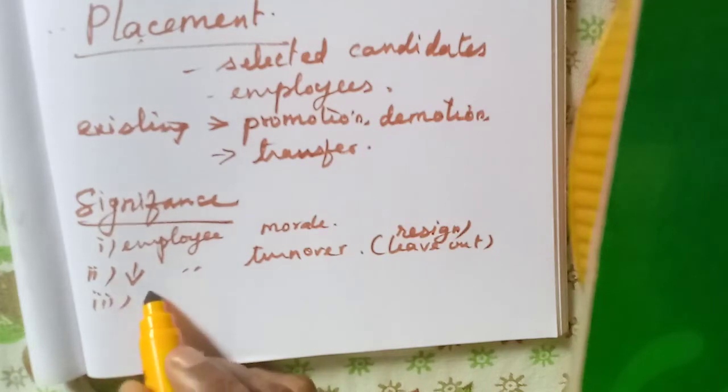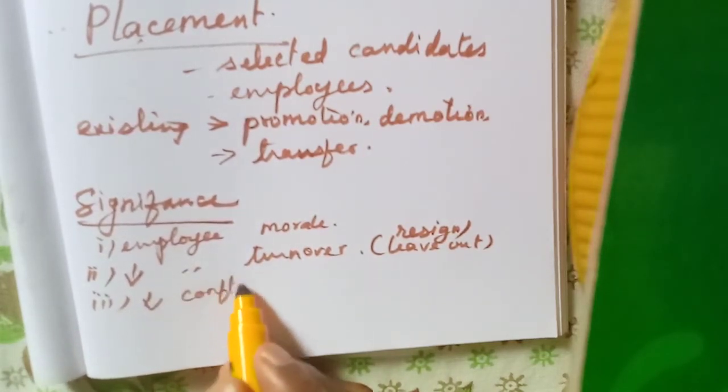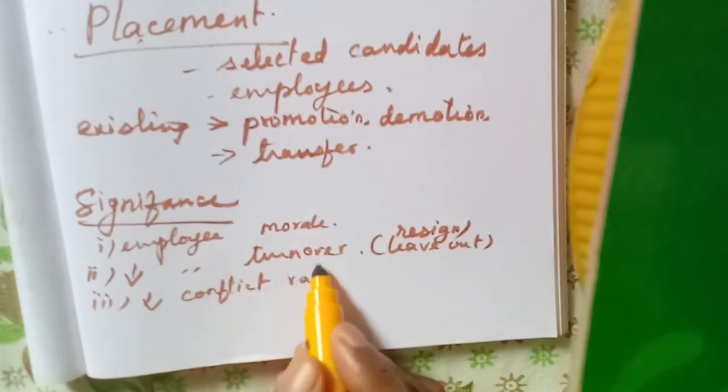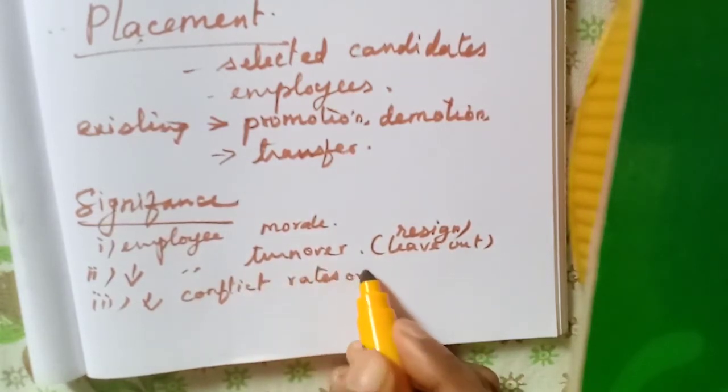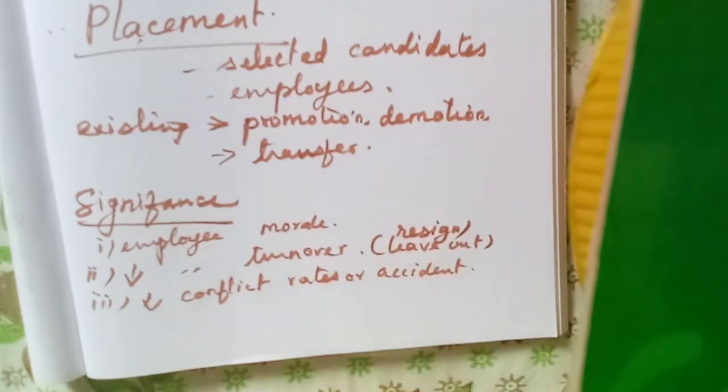Then again it helps in reducing the conflict rates and accidents, conflict, any confusion. We have learned already, if we select a proper person, then we do not need to give more training on how to do the particular job.